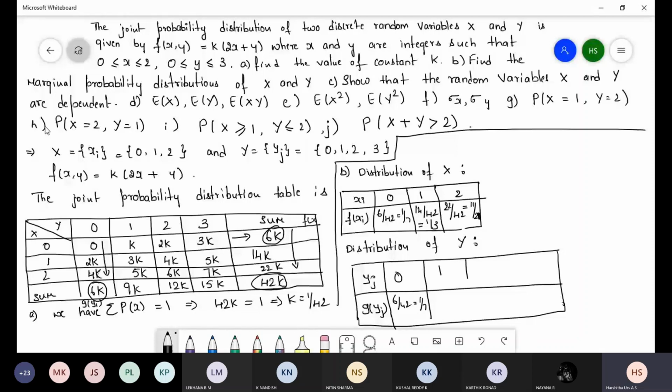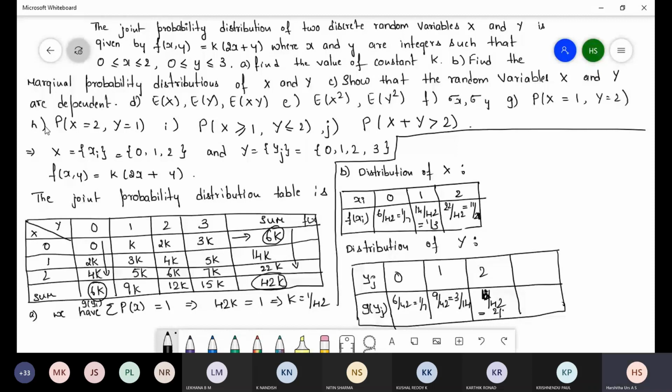Next value is 1: 9 by 42, that is equal to 3 by 14. Next value is 2: 12 by 42, so we get 2 by 7.